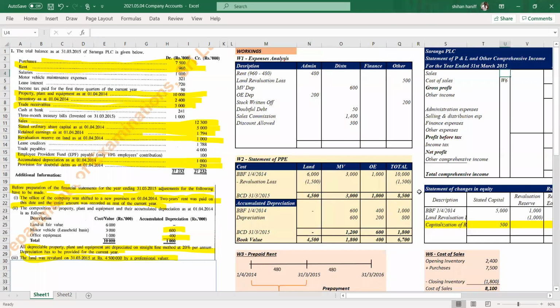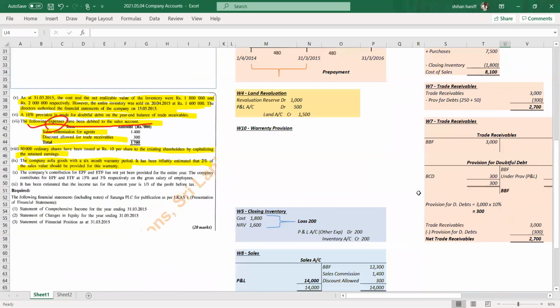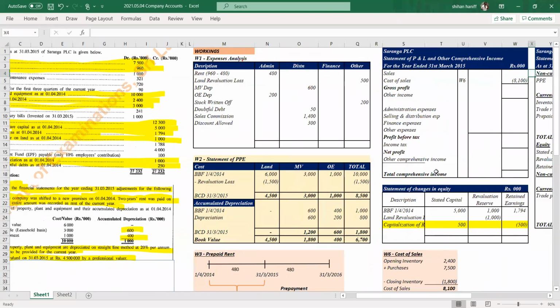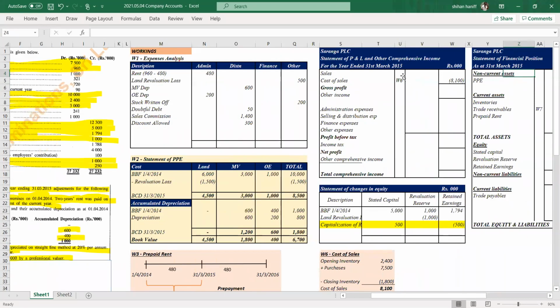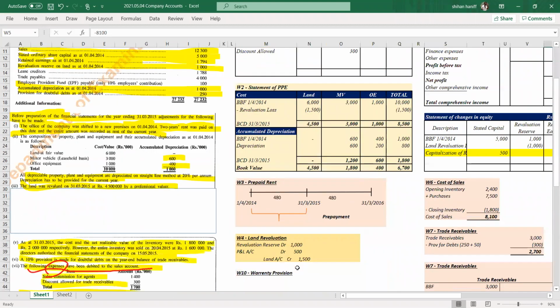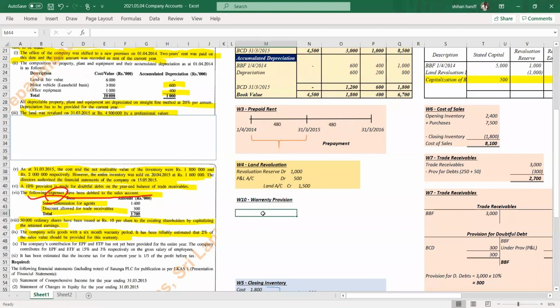Working number 8, we have the sales, which is 14,000. Warranty provision is 14,000 into 2%.